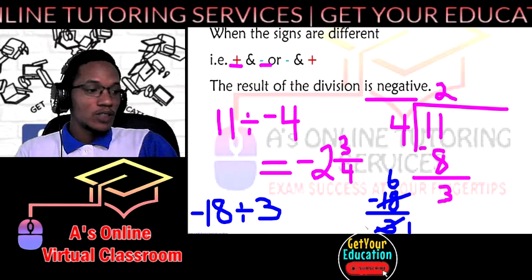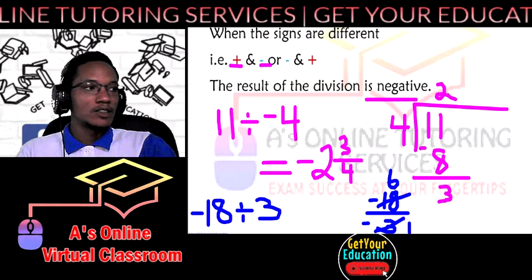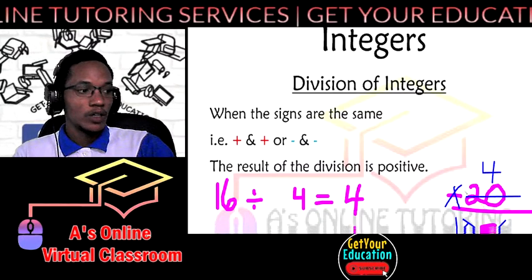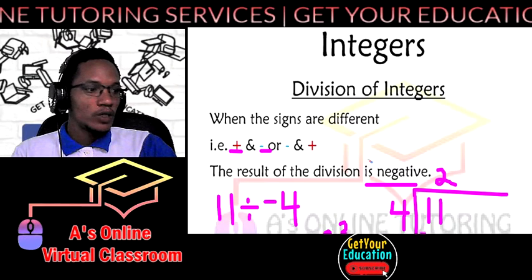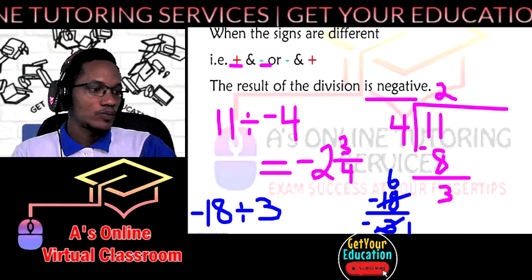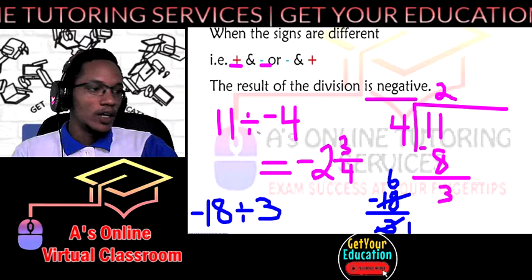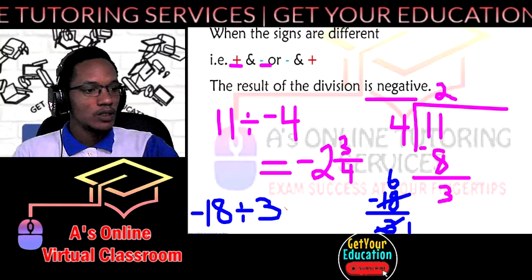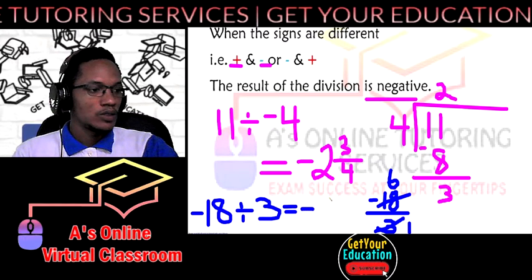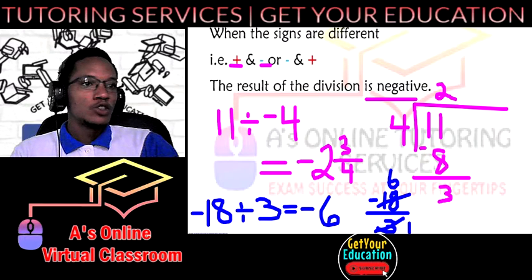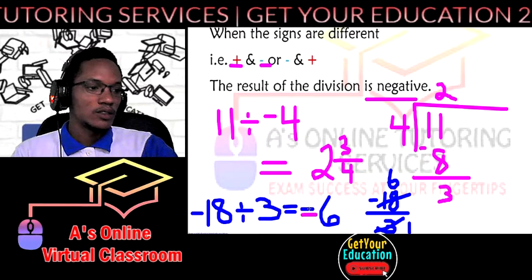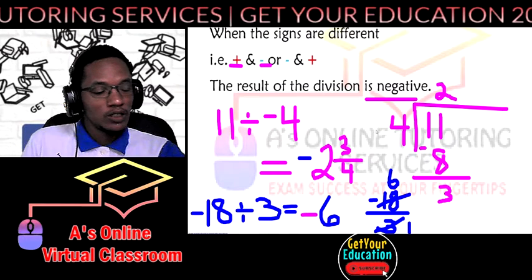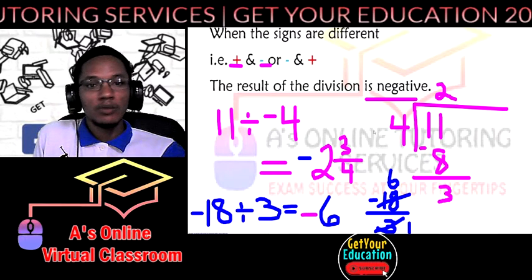If you notice, there was no negative sign here to cancel off as we did before, so it remains with a negative sign in your answer. The answer will be negative 6. So once your signs are different, you'll get a negative answer in division as well as in multiplication.